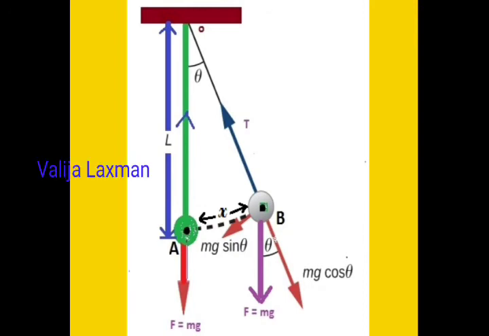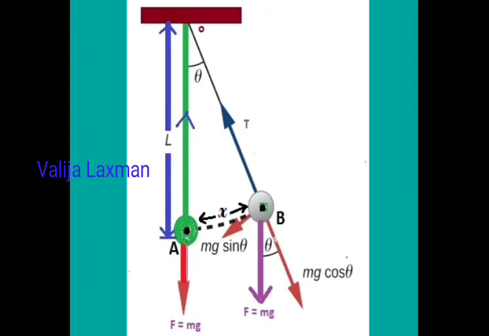Okay, so what does this mg sin theta do? This mg sin theta will try to bring the simple pendulum again to which position? Mean position. Because the simple pendulum cannot stay at point B permanently. Again it wants to come to the mean position. So, this force is trying to bring the simple pendulum towards which position? Mean position.